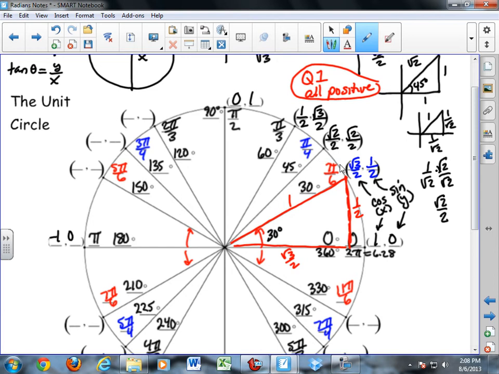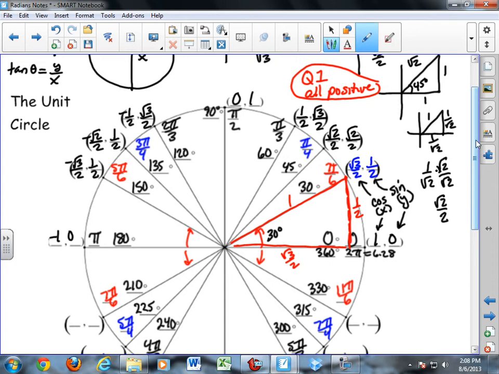So we take these points here, square root of 3 over 2 and 1/2, transfer them over to the other angle with the same reference angle, but now the first one is negative. So negative square root of 3 over 2, 1/2. Negative square root of 2 over 2, square root of 2 over 2. Negative 1/2, positive square root of 3 over 2.